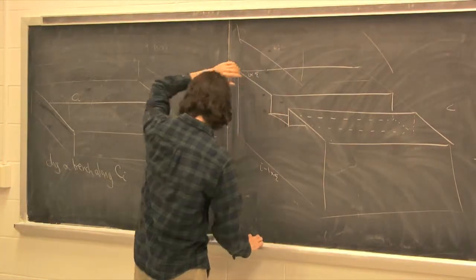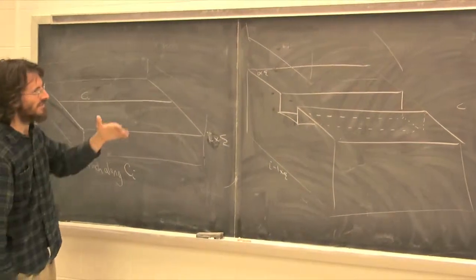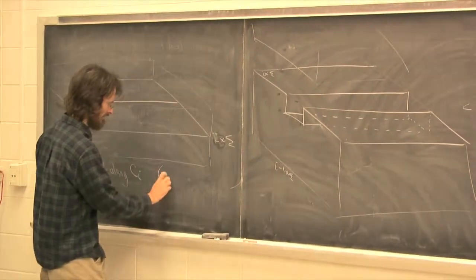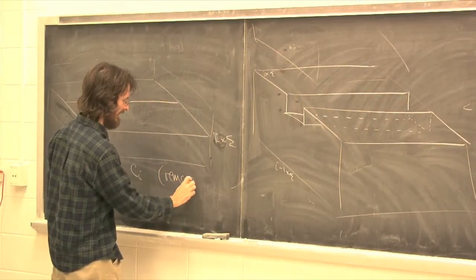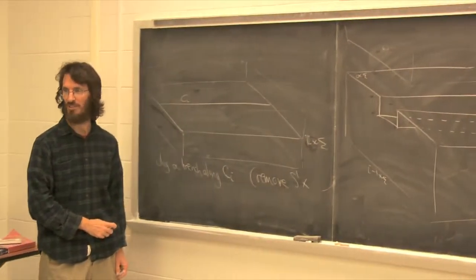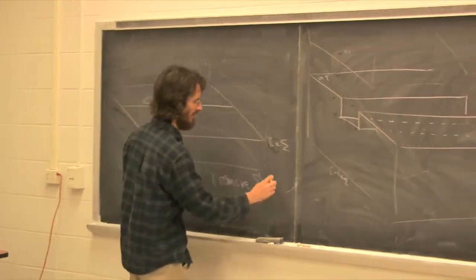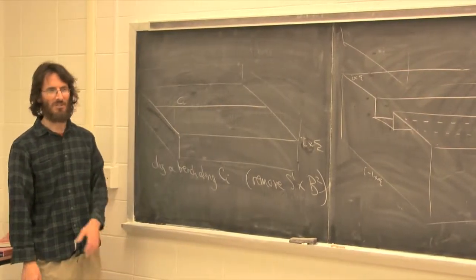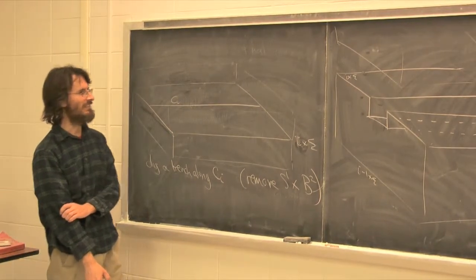Now, before we did the surgery, before we did this opening and closing, digging a trench really means removing an S1 cross, well, we're being sloppy about smoothness and corners, so I'll just say S1 cross D2. It's really S1 cross a square, but that's fine.